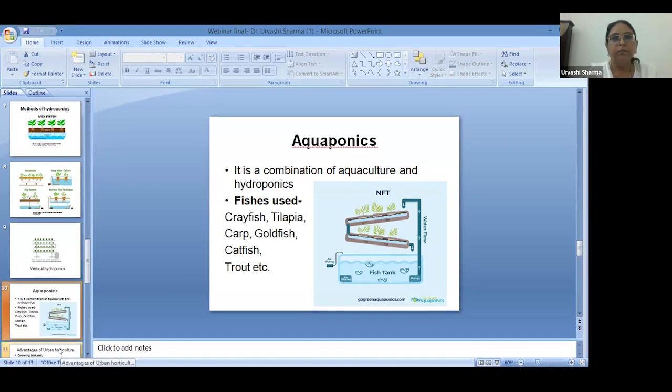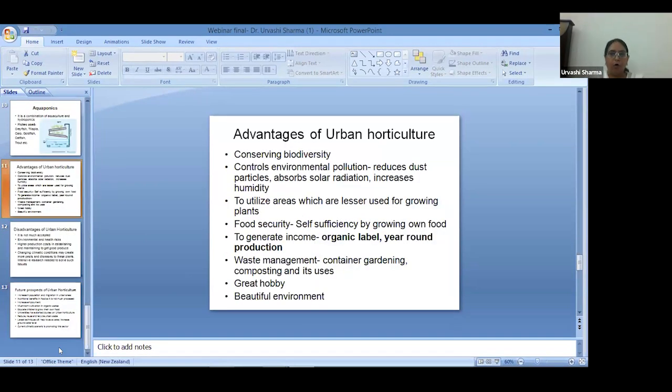Now, what are the advantages of urban horticulture? One of the biggest advantages is that it conserves biodiversity, because in most of the methods which we are using, the plants are closely monitored, and we use fewer pesticides, fungicides and other chemicals. So it helps to save the plants.